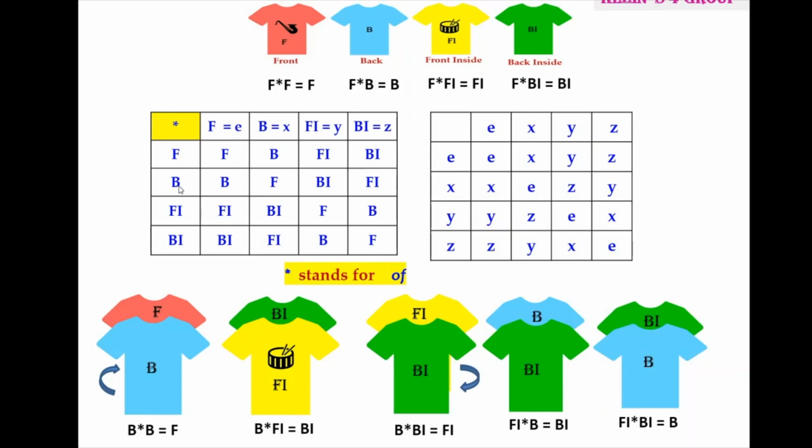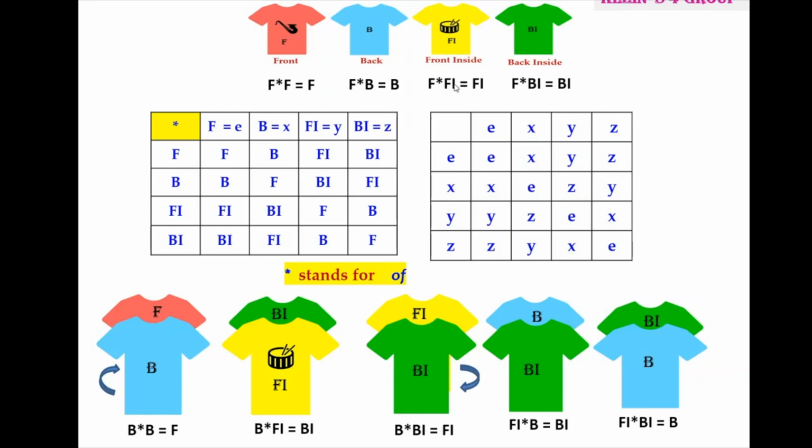Now coming to back of front. How it has to be read, because star stands for "of". So back of front: front is this, and the back of that will naturally be back only. Then back of back: you have back, and the back of back will definitely be F. And back of front inside will be back inside.